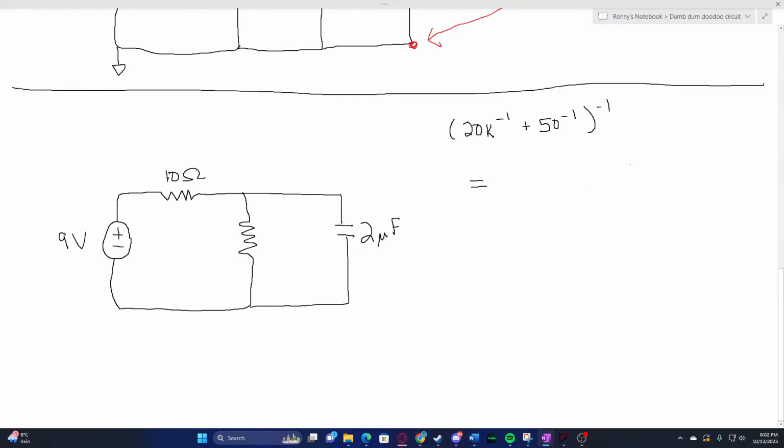Because 20k is so big, it's going to be just a little under 50, like 49.875 ohms. Not a big change at all.